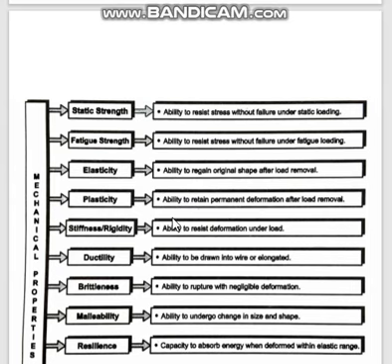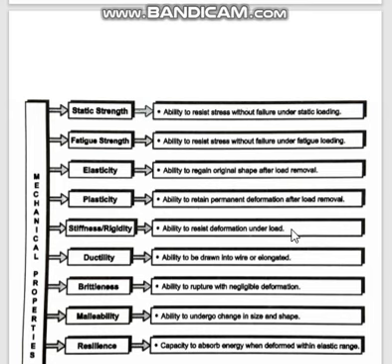Then stiffness or rigidity: the ability to resist deformation under load. You see, a cantilever is supported on one end and free at the other end. It can be a simply supported beam also.